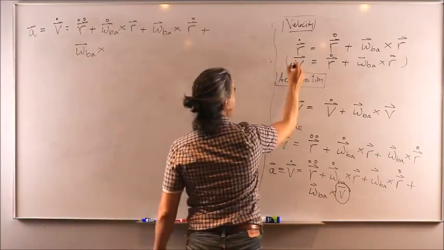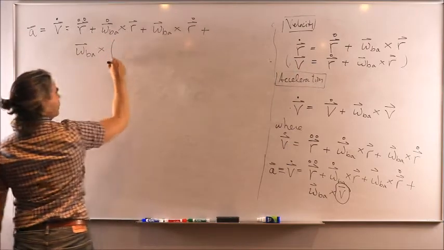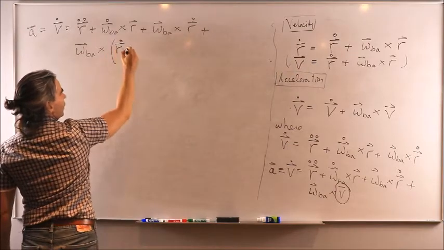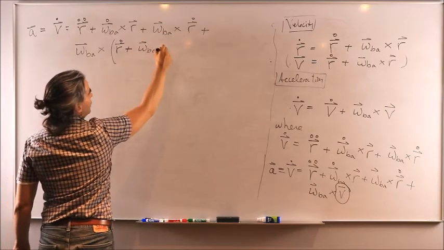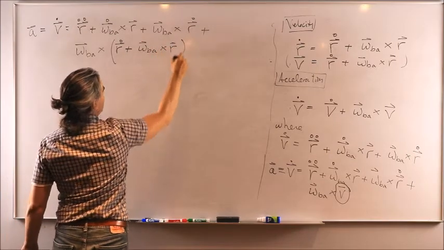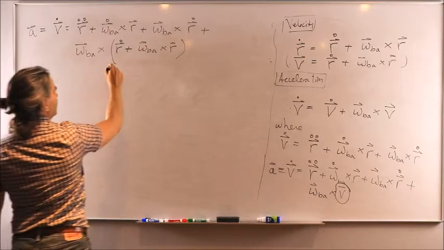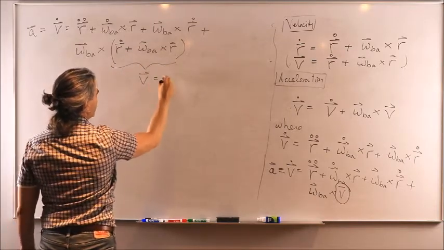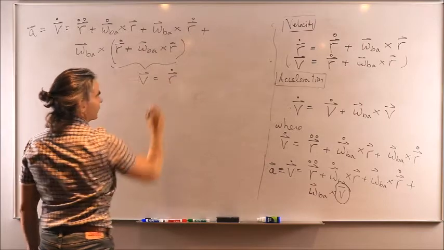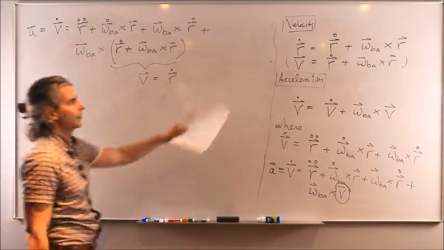Going back here, the velocity vector was r hollow plus omega BA cross r, because all of this, as before, was my velocity vector, or just our inertial derivative from the transport theorem in the first place.